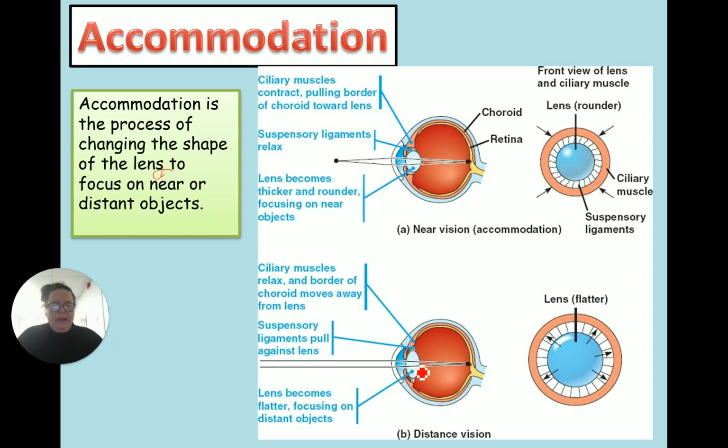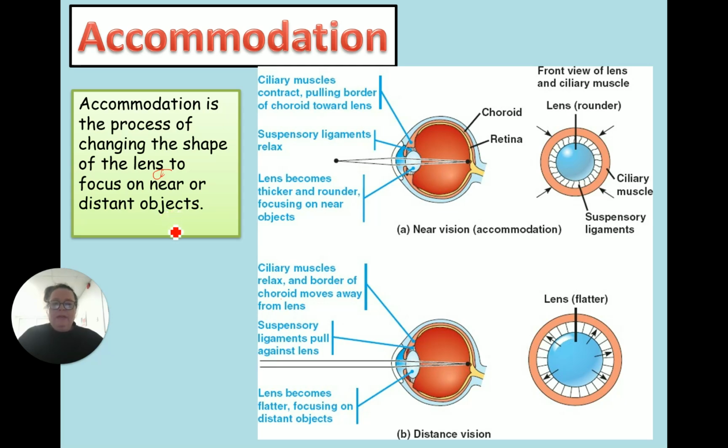And this lens here is long and thin. And accommodation, the definition is here. The process of changing the shape of the lens to focus on near or distant objects. So it's what we've done before, but we're just looking at a bit more detail.